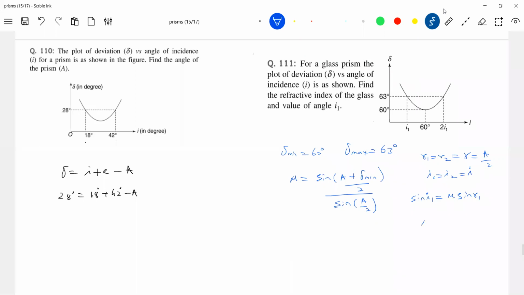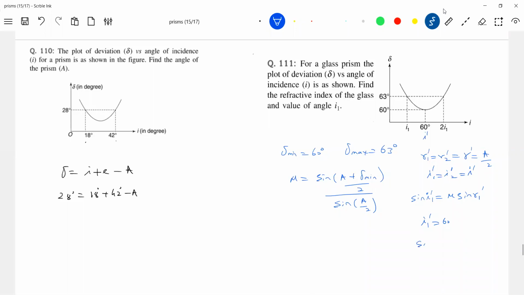So now we know I1. What is I1? Okay, this is some other value, I'll put some prime. I1 dash is what? This one. So I1 dash, we know sine 60. From that, R1 dash you can write as A by 2.